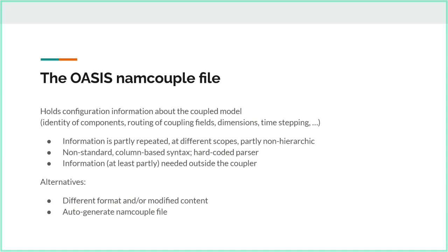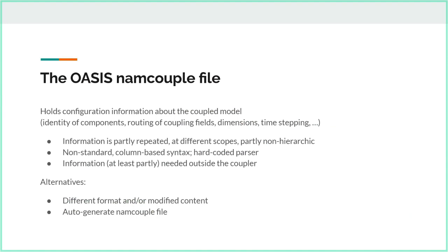So there are two alternatives. We could have a different format or change the content of the numcouple file. And we've discussed that a long time ago, and simply there's no real interest in the community to do that. So we gave up a long time ago on this. To change the format, yeah. To convince you to have another format.